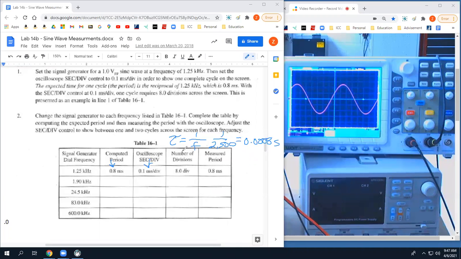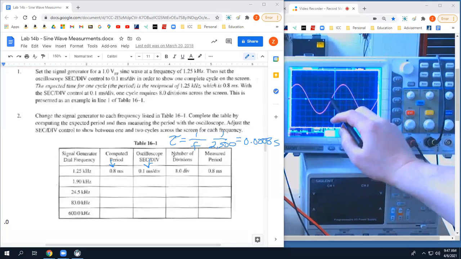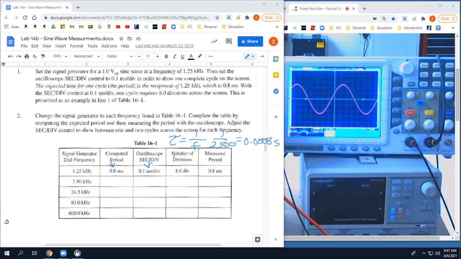right? So now I count the number of divisions it takes, and I can do that by adjusting this horizontal position button. What I want to do is get one of these alternations to line up with one vertical line. So I'm going to move this over to the left so I can count the number of divisions.